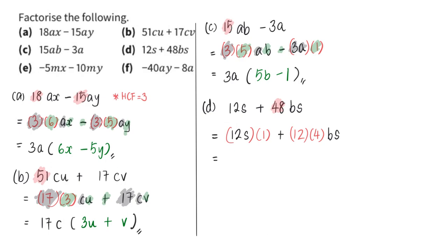And when I take out the common factor 12, common factor s, I would then be left with 1 plus 4b.